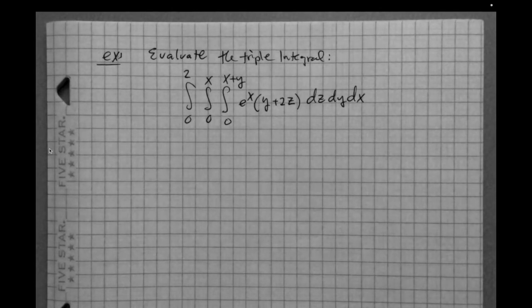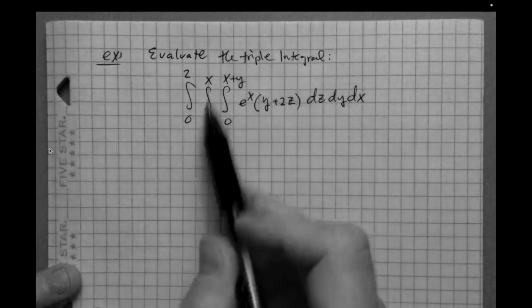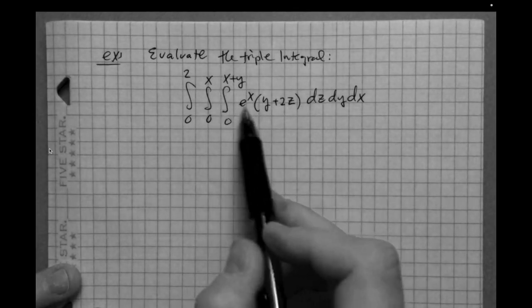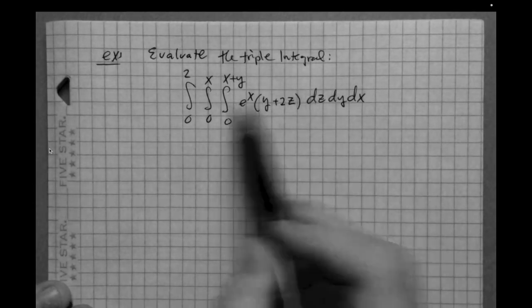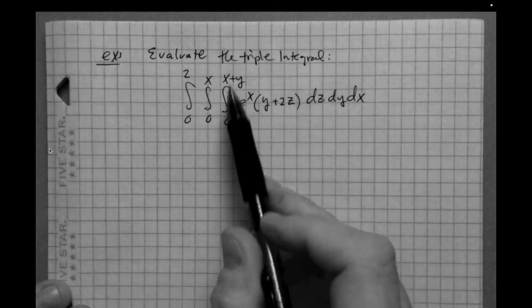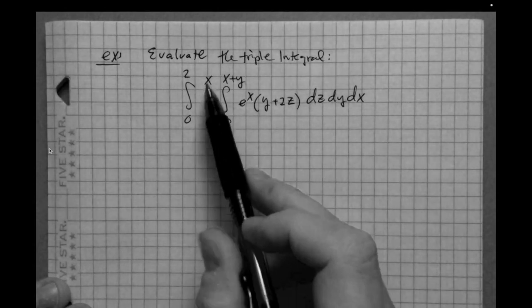Just like we saw with double integrals, you're going to have an inner integral that is where you want to start. However you set this up, the integral in the middle, on the inside, is the first one. So we first go through the integrand and integrate with respect to z, holding every other variable constant. Evaluate the bounds, and then we move on to the next integral, the middle integral.